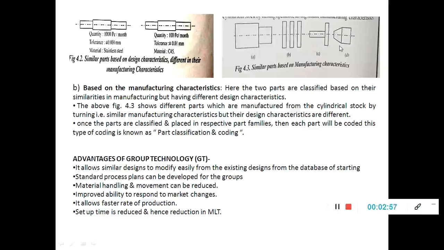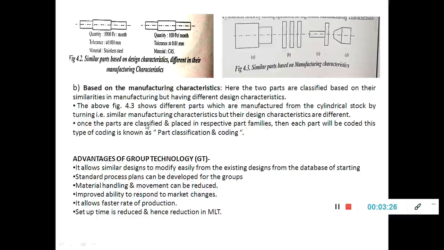In all four categories, the cylindrical workpiece has been converted into the required type of product, but here the design is different. All four workpieces have different designs. So this is known as based on the manufacturing characteristics. So the part families are of two types: one based on the design characteristics and the other based on the manufacturing characteristics.